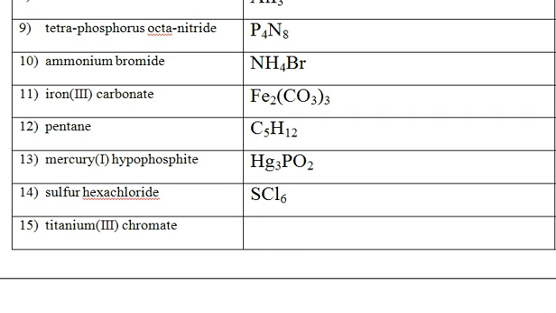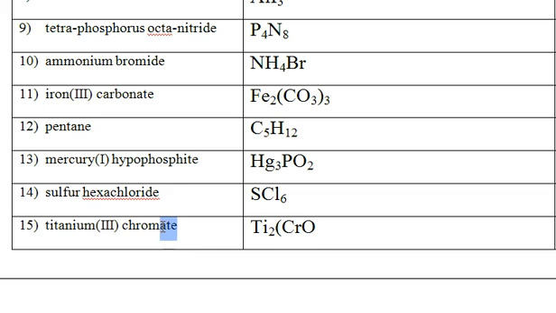And then the last one, number 15, we had titanium 3 chromate. Titanium is Ti, and it has a +3 charge. Chromate is CrO4 with a -2 charge. So if titanium has a +3, chromate has a -2, then that means that we're going to need 2 titanium ions to balance this out with the chromate, which is CrO4.